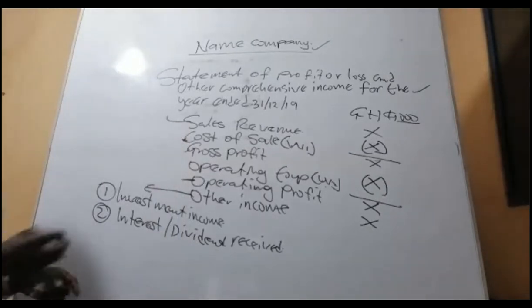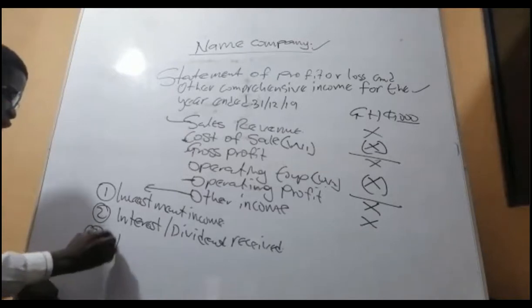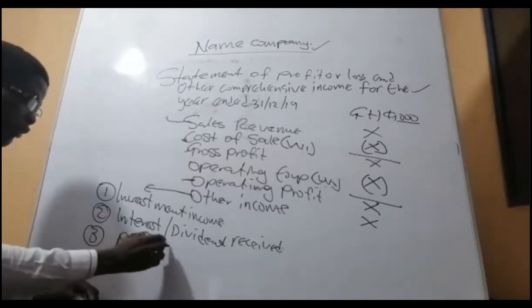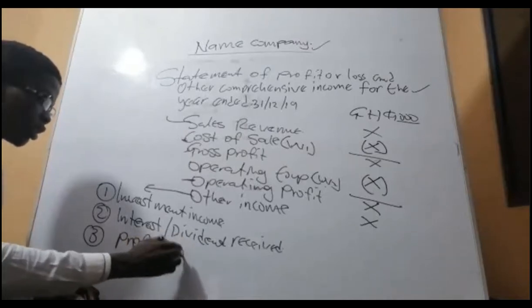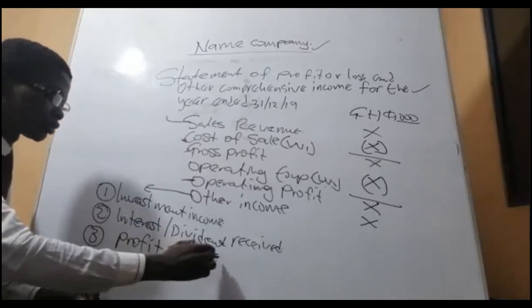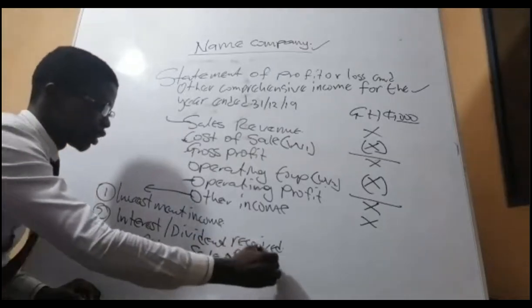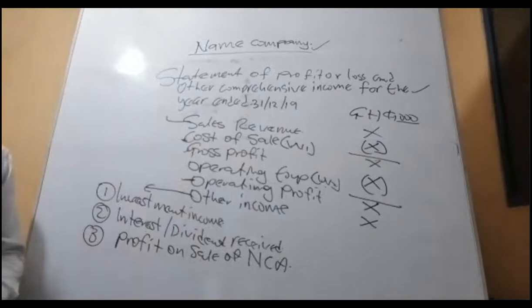Good. Then the third one is profit on sale of non-current assets. Non-current what? Assets.